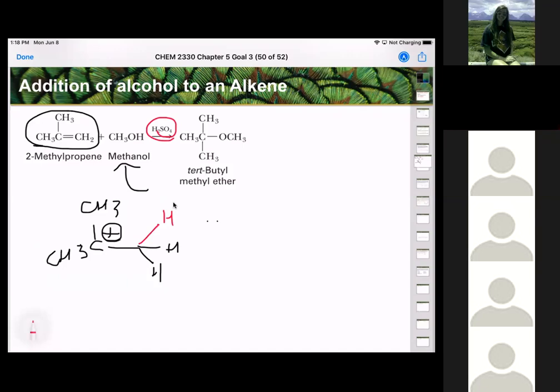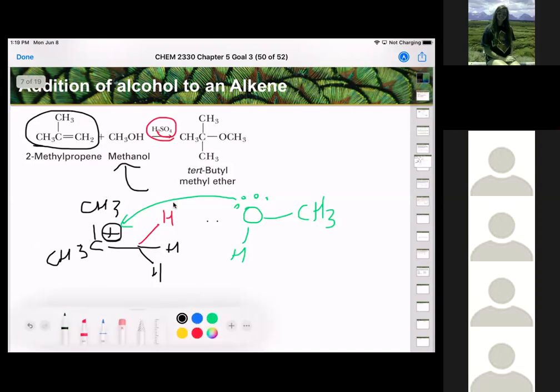Okay, so now that we have our carbocation, we now have an electrophile. Okay, it has a positive charge, it's looking for electrons. In this case, what's going to provide the electrons is, again, the lone pairs on the oxygen of the alcohol. So these electrons are going to come in and form a new sigma bond here, giving us our intermediate. And let's see if I can draw our intermediate here.